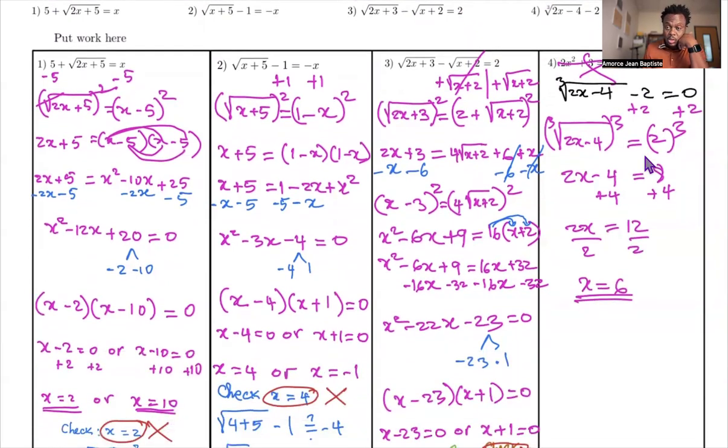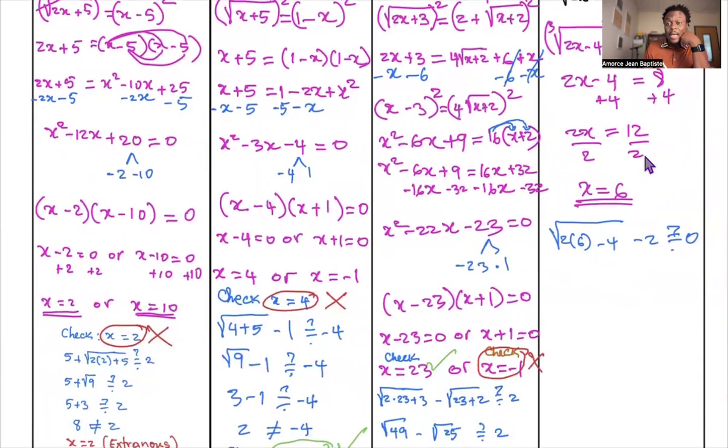Let's check x equals 6 in the equation. So that's the cube root of 2 times 6 minus 4, minus 2 on the outside. Is it 0? We're going to perform the operations inside of the radical. That is cube root of 12 minus 4, which is 8, minus 2.